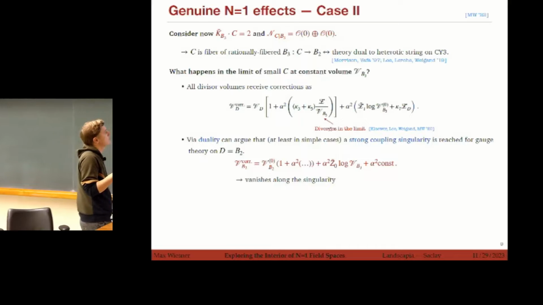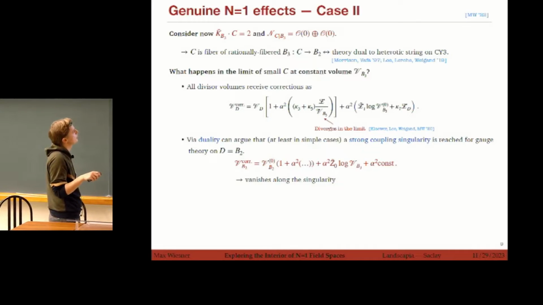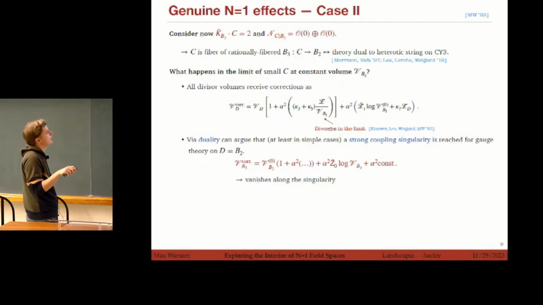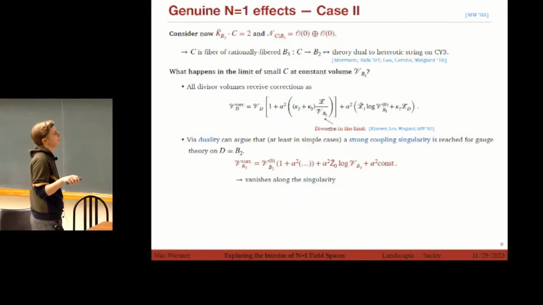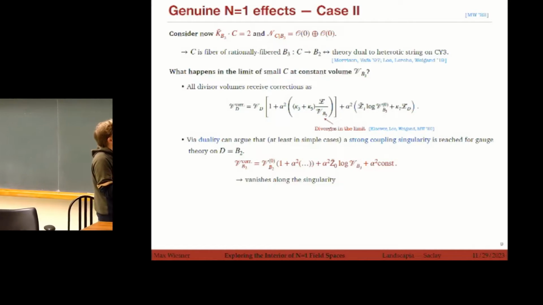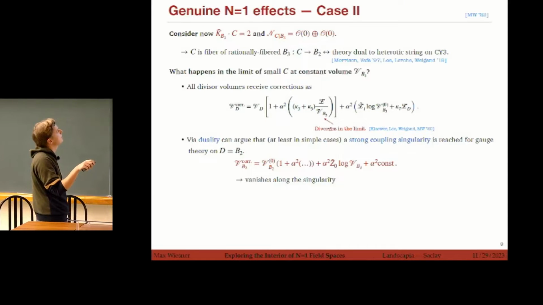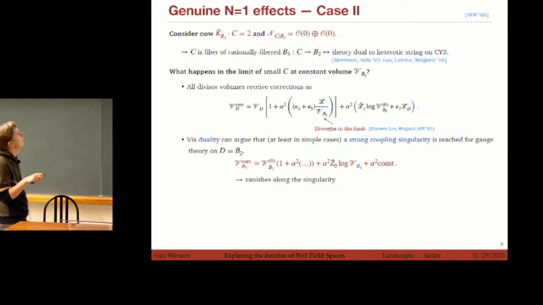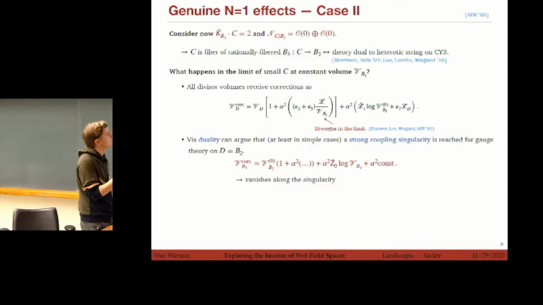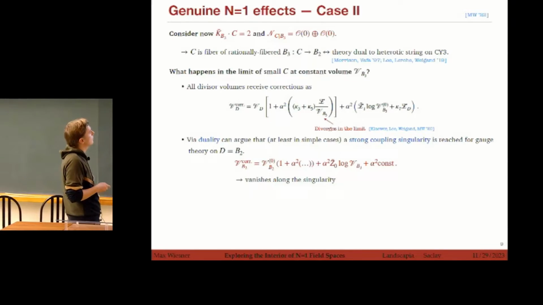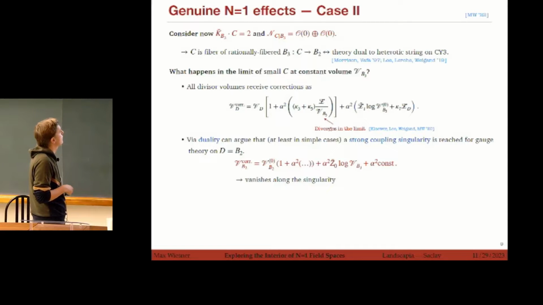One can now use the duality to the heterotic string to exploit this, and show, at least in simple examples, which is what I did here, that there's a strong coupling singularity which is reached for a gauge theory on a divisor D that is the base, or the zero section, of this rationally fibered B3. So this should vanish at least up to this order in perturbation theory at the singularity.